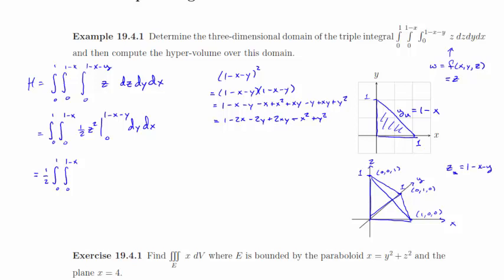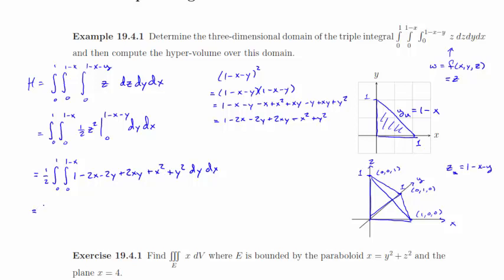Alright, so see how this gets nasty as soon as we start actually putting things in here. This is even with us just doing nice linear things in all of our dimensions. So we have 1 minus 2x minus 2y plus 2xy plus x squared plus y squared dy dx. And now we're back to our double integral situation.